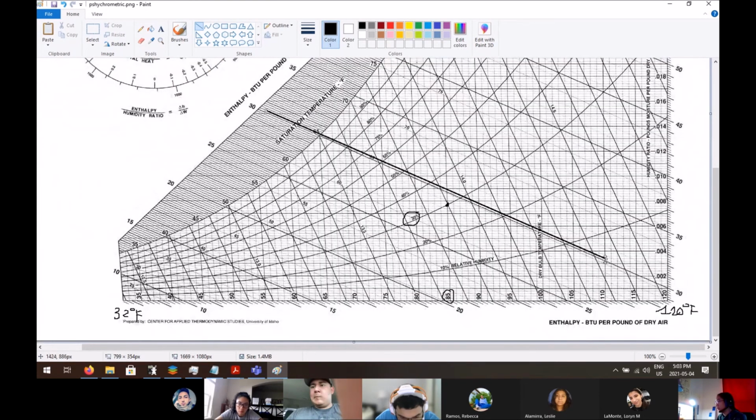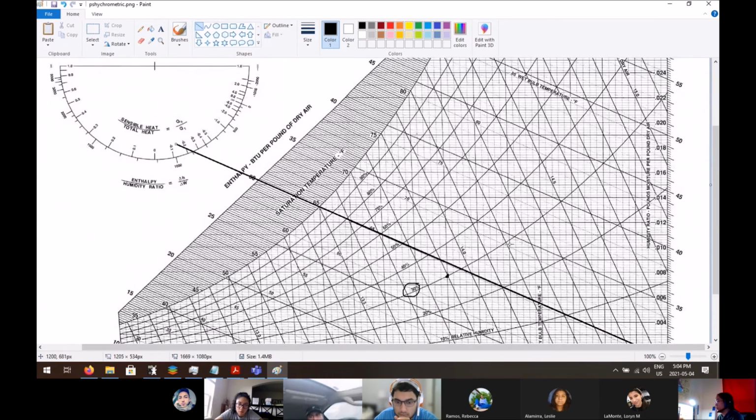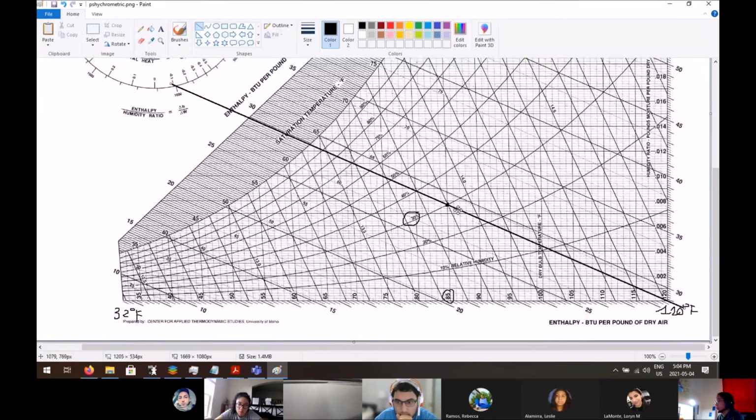So you can just get one line that's relatively close to there. You see all these parallel lines, get one relatively close, move it over, and then you find the intersection right there. And then mark that off right there. And then you can follow it down, or you can use these sort of temperatures right here. So your wet bulb temperature is about 64 degrees.